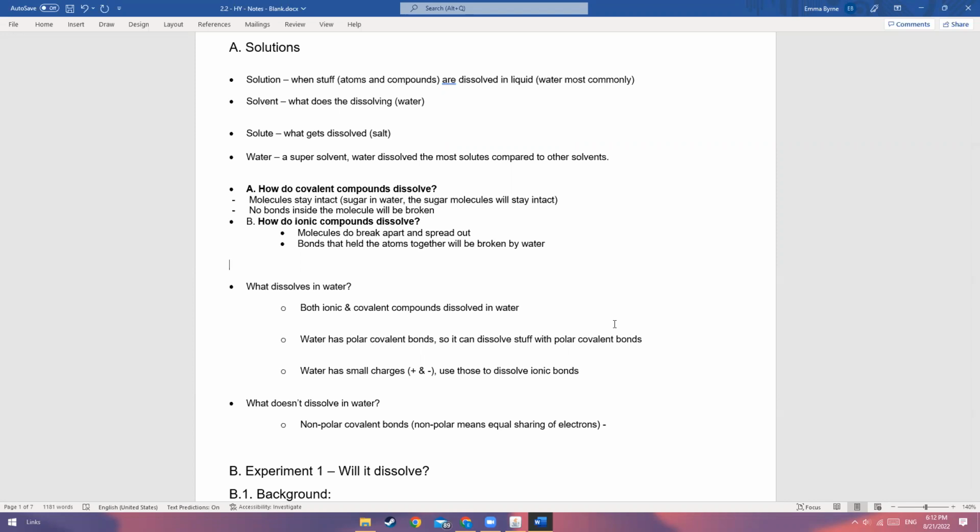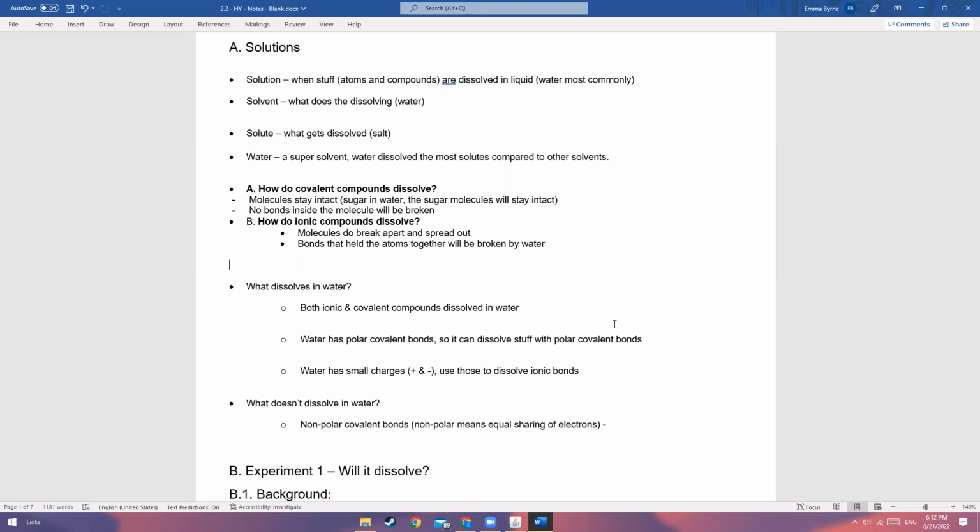Remember, if something is polar, it means that there is an unequal sharing of electrons. In water, the oxygen is more of the electron hog, and it has a net negative pole, whereas the hydrogen would have a net positive. That's why it creates that bent-like structure in the molecule. And sugar, because it also has that polar component, also dissolves easily in water.